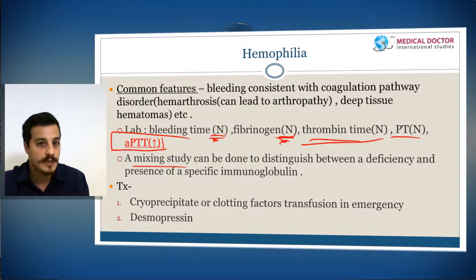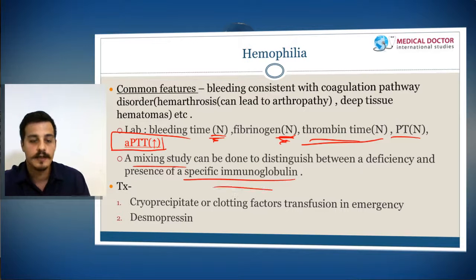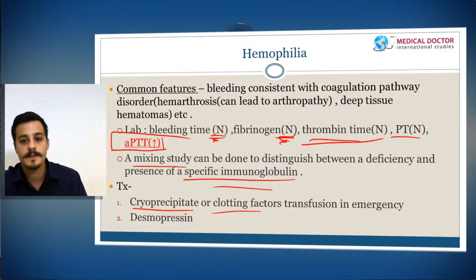Again, we can do a mixing study to distinguish between a deficiency and actually a specific immunoglobulin that inhibits these factors. Now, the therapy may involve using a preparation that has the missing factor, such as cryoprecipitate or fresh frozen plasma, for example.